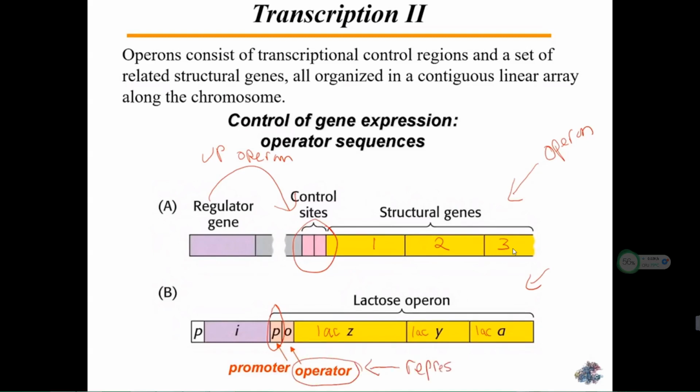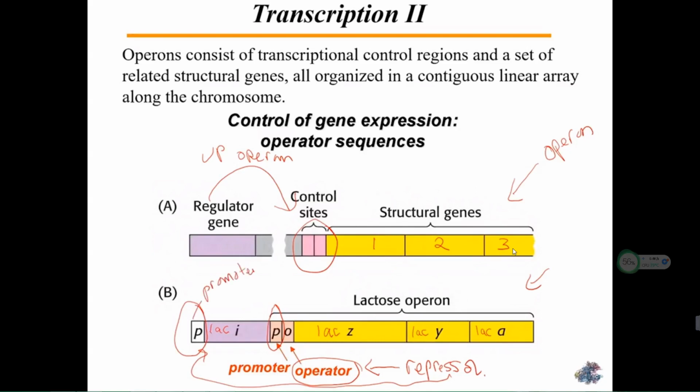Okay, so our repressor will bind there, and the repressor is defined by the lac-I gene, which is found upstream of the lac operon, and the lac-I gene has its own promoter region, so the P stands for promoter.